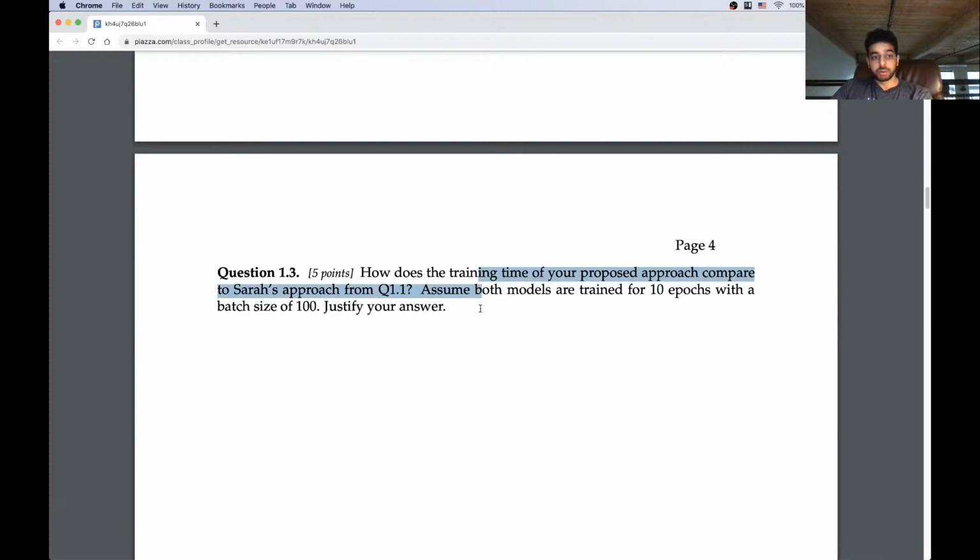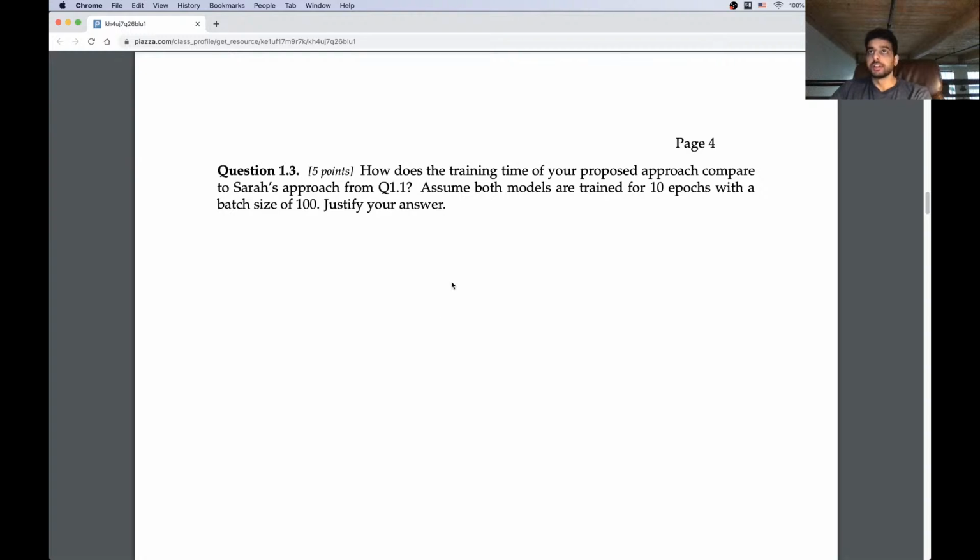So this question depends on your response to the previous one. If you do the data modification, the input size modification, you should note that you're going to have way more training examples if you cut off each batch to just include 3 words.